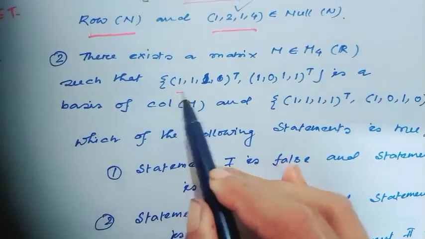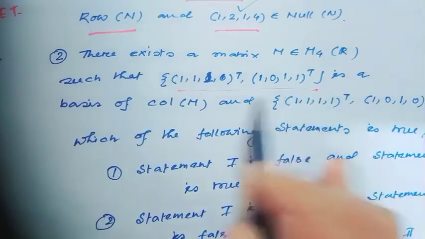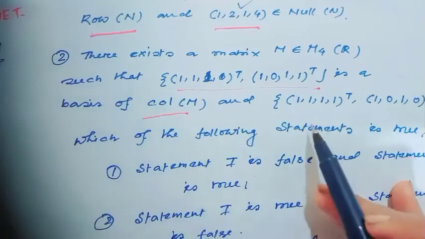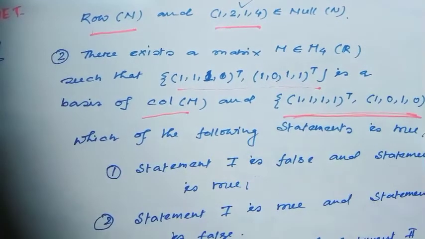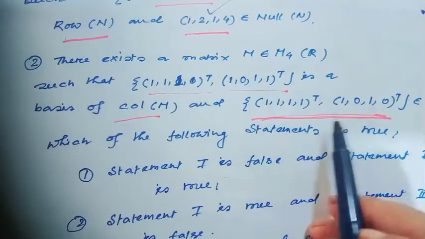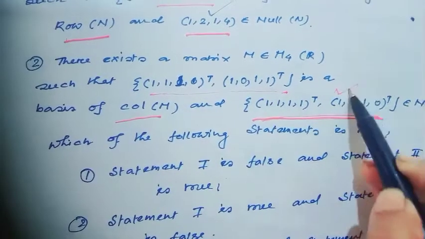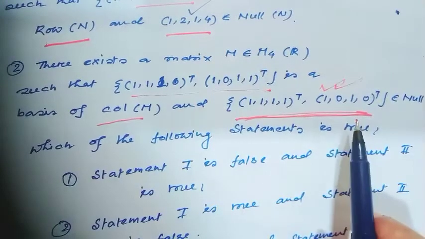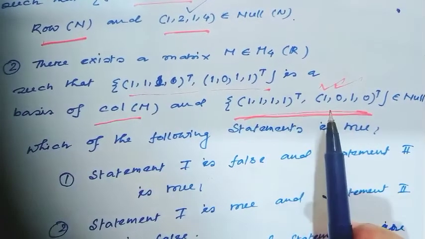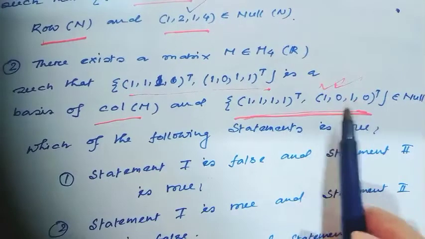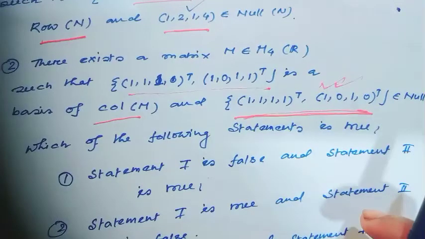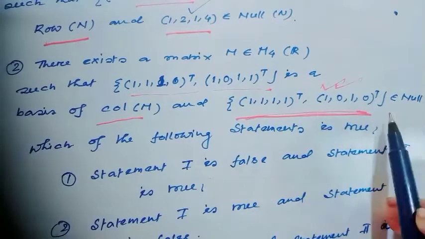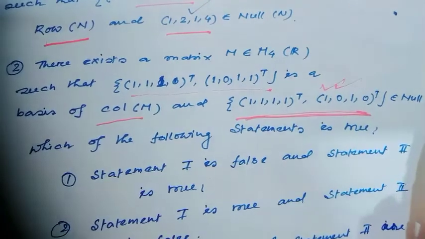Here notice these two vectors are a basis of the column space, and here it is indicated that these two vectors are members of the null space. And since these two vectors are linearly independent, why linearly independent? Because one is not a combination of the other. So these two vectors would be a basis of this matrix's null space.